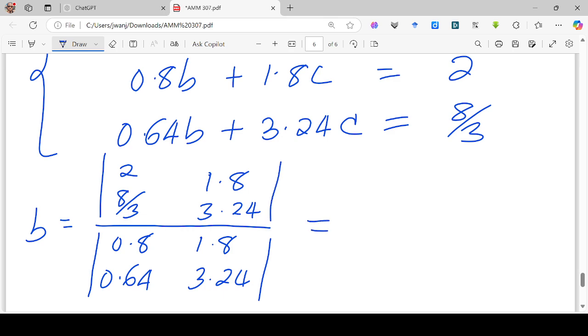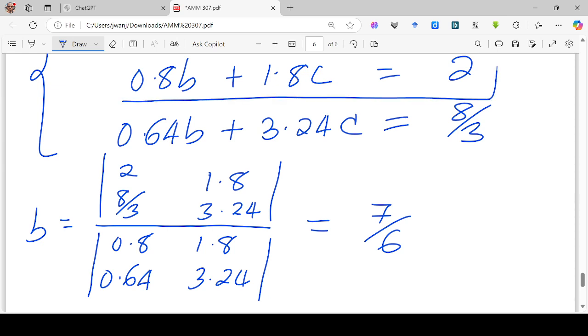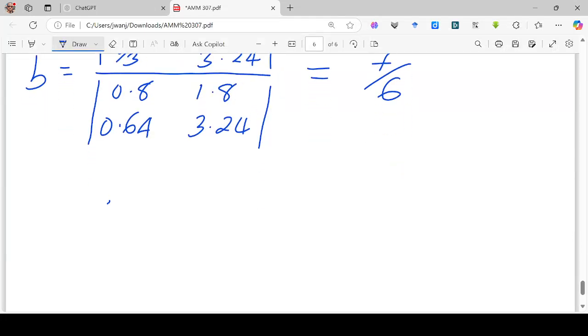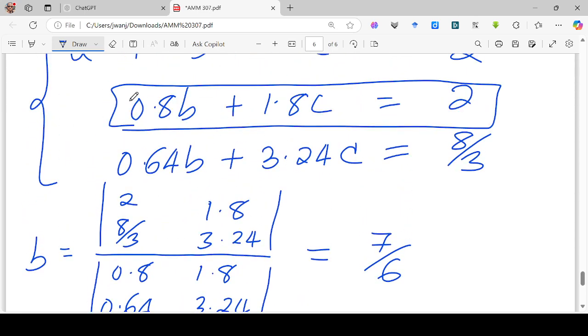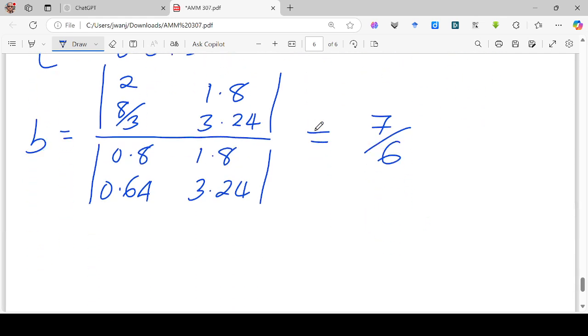If you work out this determinant and divide, you'll get the value of b as 7 divided by 6. Now, once we get the value of b, we can pick one of the equations, like this one, for example, and make c the subject, so that c would be 1 divided by 1.8, then 2 minus 0.8b, moving 0.8b to this side, so that we have (2 minus 0.8b) divided by 1.8.